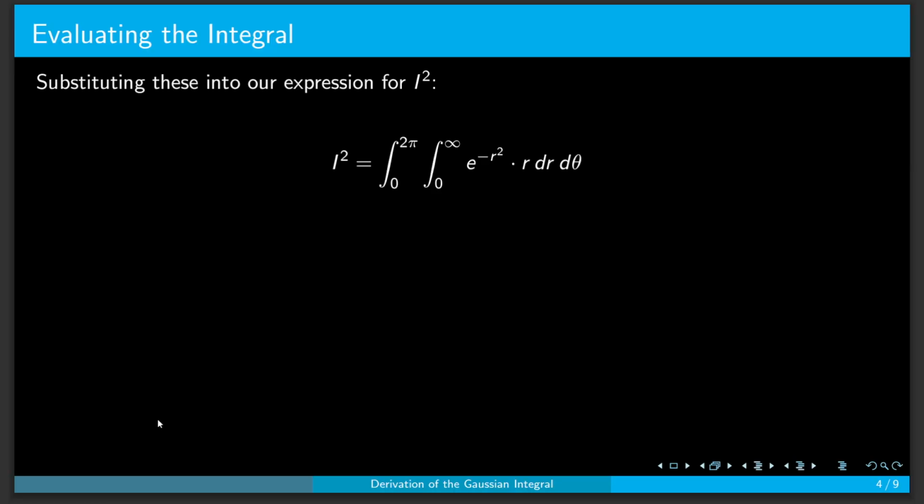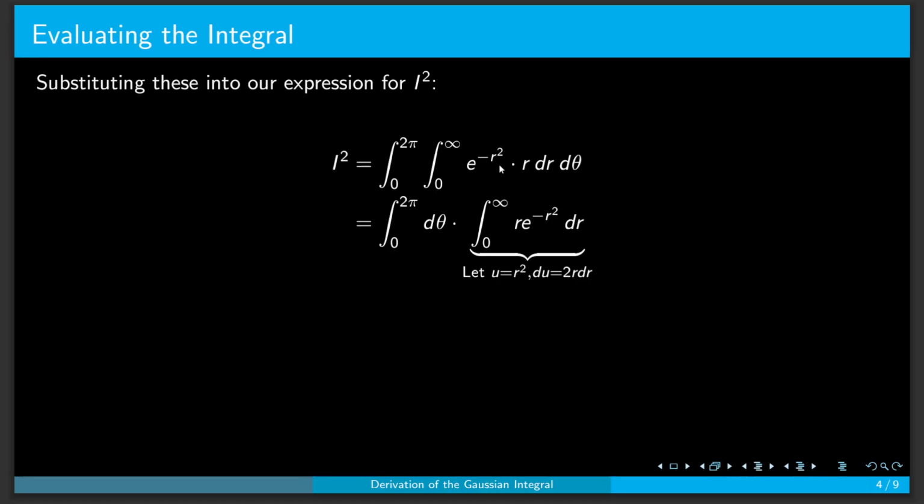Now substituting these into our expression for I squared, we will get this expression. Now this is quite easy to solve. We separate them, like we separate this d theta into this integral from 0 to 2 pi.